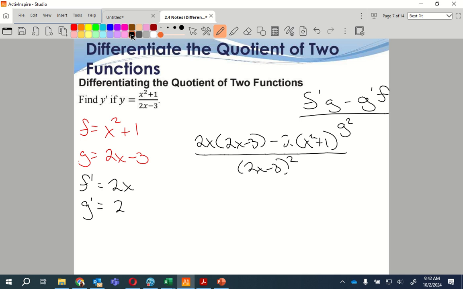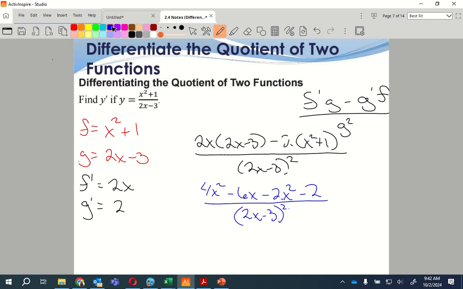I'm going to, we'll change colors. So you see it, it's going to be 4x squared minus 6x, distribute here, minus 2x squared minus 2, all over 2x minus 3 squared.